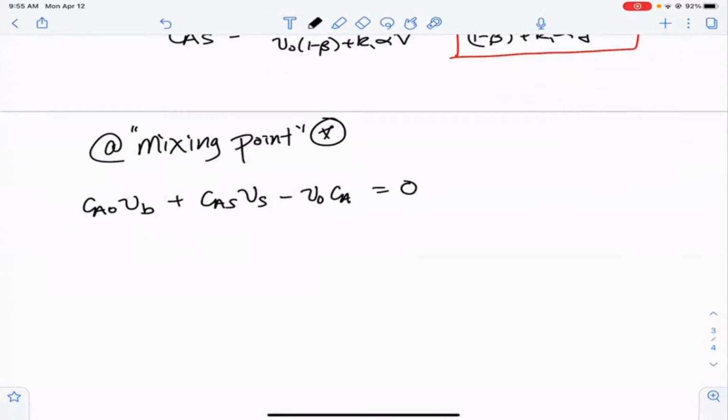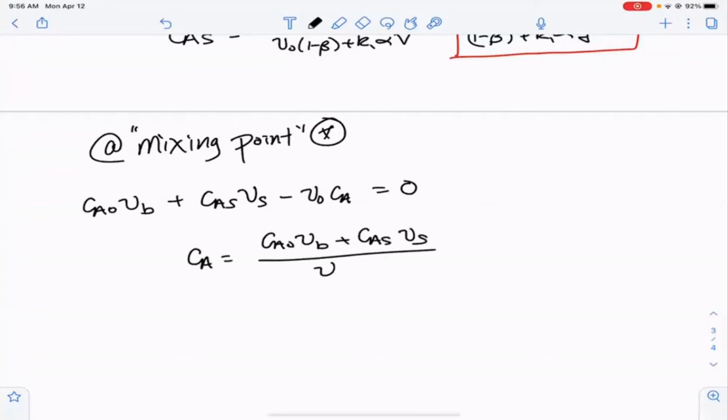This is the 1 stream out of that mixing point. And so what we can do then is just solve for the thing that we're really after, which is CA. And so CA just equals CA0 times VB plus CAS times VS divided by V0.